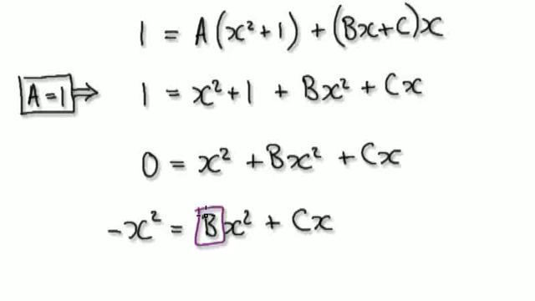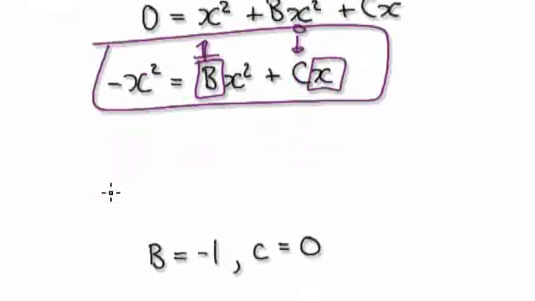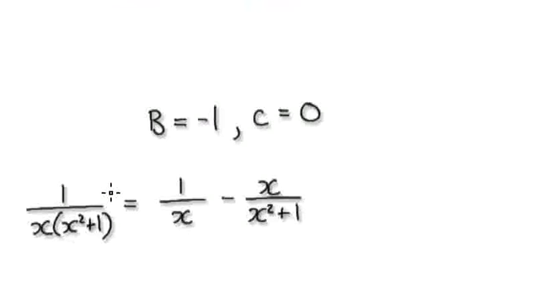Well, if you look at this here, the coefficient of B must be 1. It must be 1. And then the coefficient of x here must be 0. And then the whole statement here makes sense. So overall we know A equals 1, B equals -1, C equals 0.